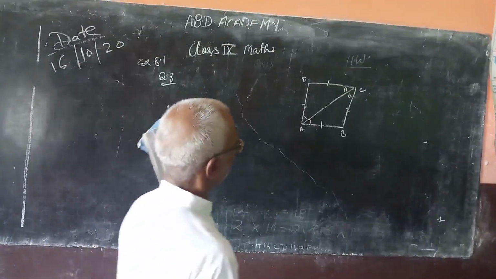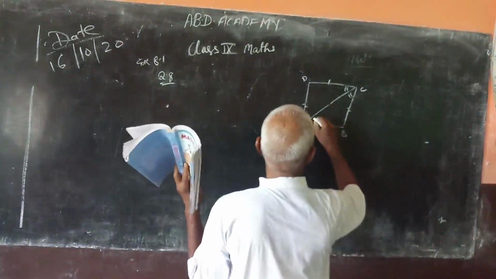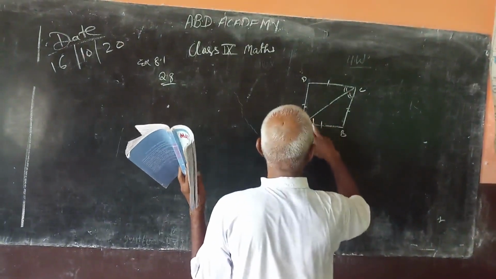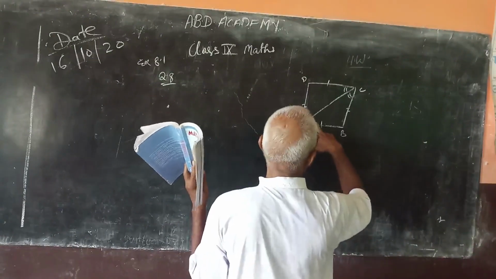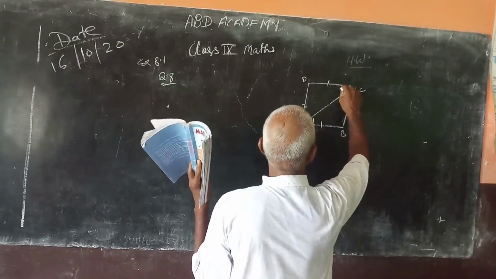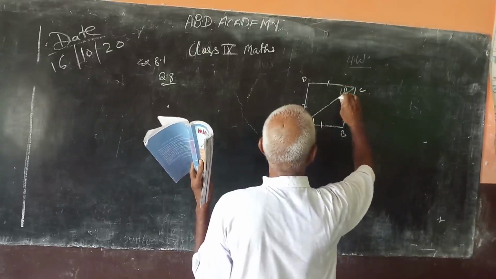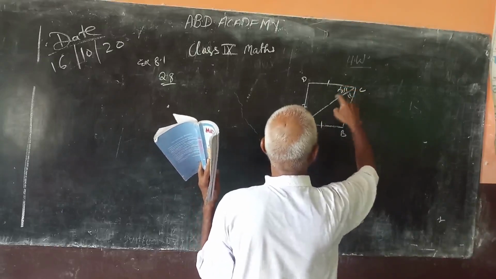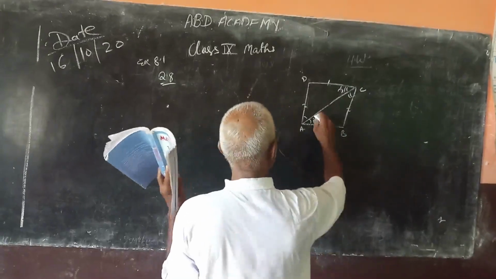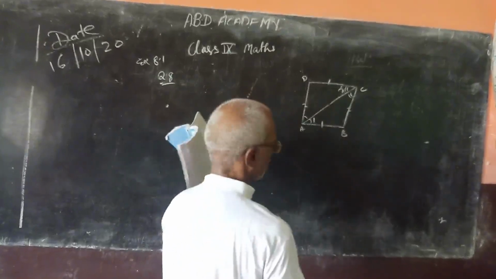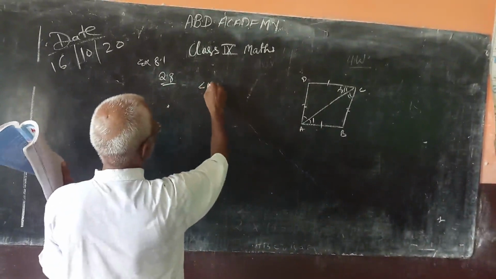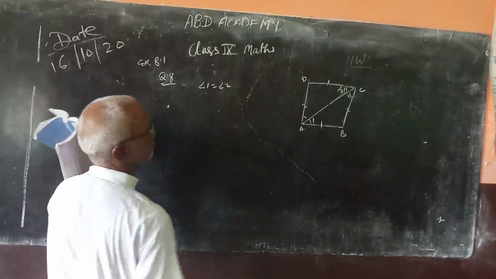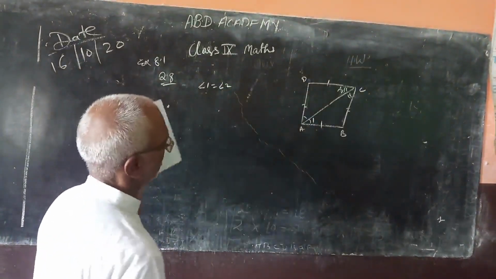So see here, this angle 1 is half of A, and angle 2 is half of C. They are alternate angles because a rectangle is a parallelogram. Angle 1 is equal to angle 2, alternate angles.